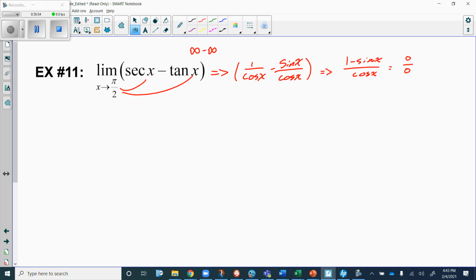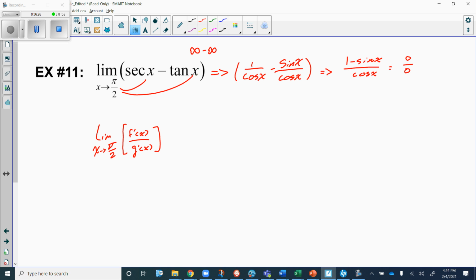And so now what we're going to do is take the limit of, I think in this case, we'll just take the limit of the numerator and the denominator by themselves. So I'll say the limit as x approaches pi over 2 of f prime of x over g prime of x.